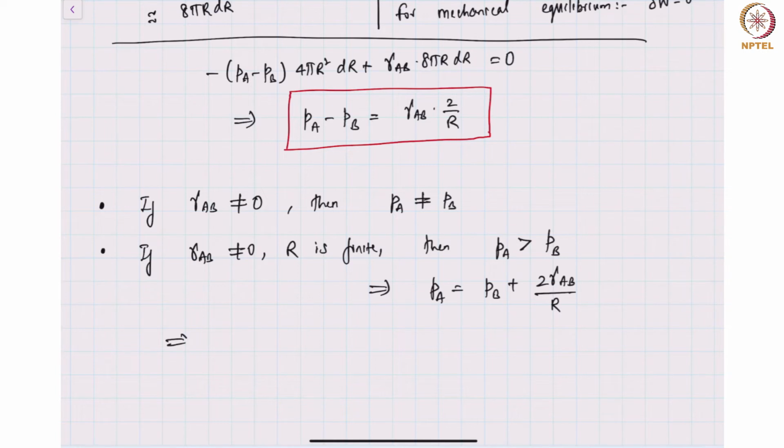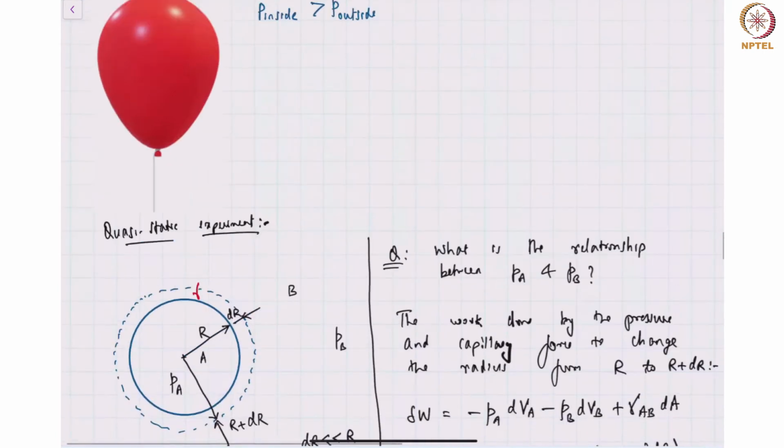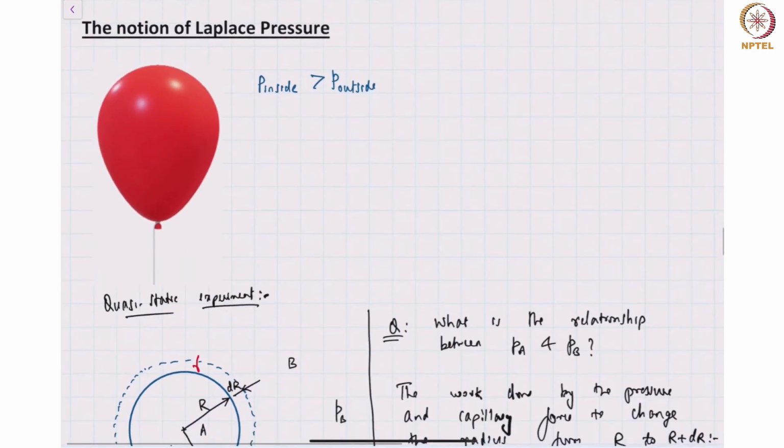So this can also be written verbally as the pressure inside the drop or bubble is greater than pressure outside. Okay, so for all practical purposes, a droplet or a bubble is exactly like a balloon that I've shown here.